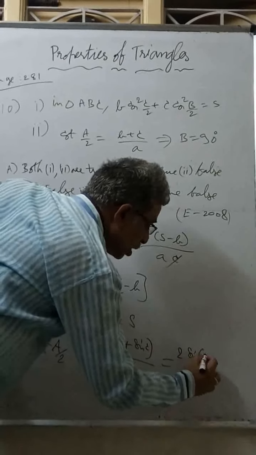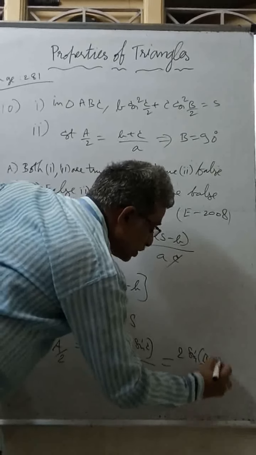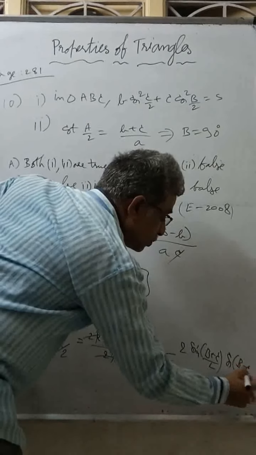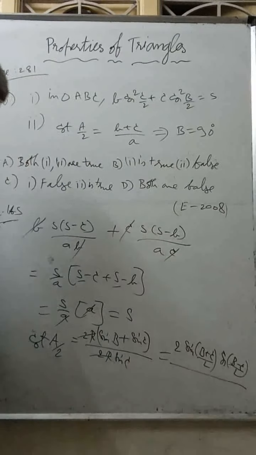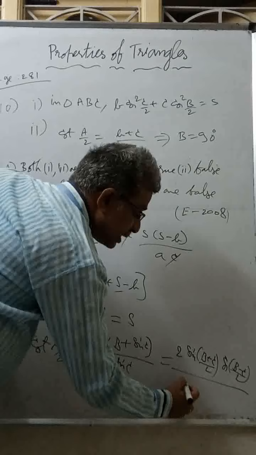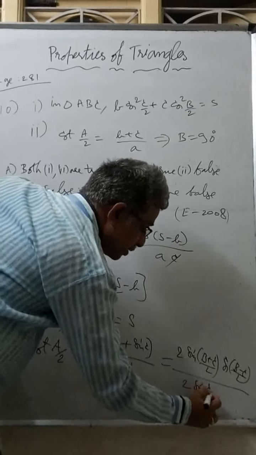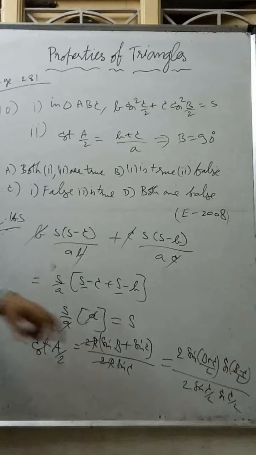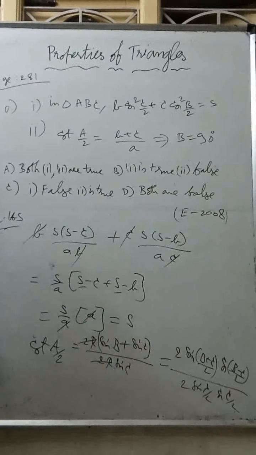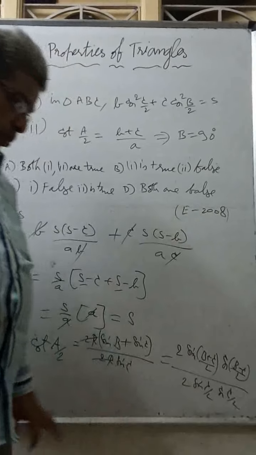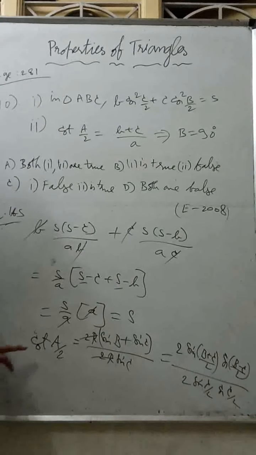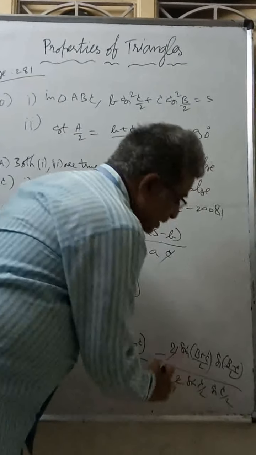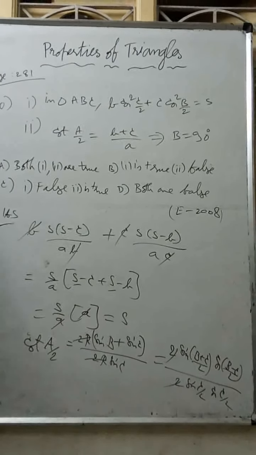Means 2 sin((B + C)/2) into cos((B - C)/2) by sin A. I can write sin A as 2 sin(A/2) cos(A/2). Now (B + C)/2 means 90 minus A/2. So sin(90 - θ) is cos θ. So cos(A/2) I can write this, and the 2 gets cancelled.